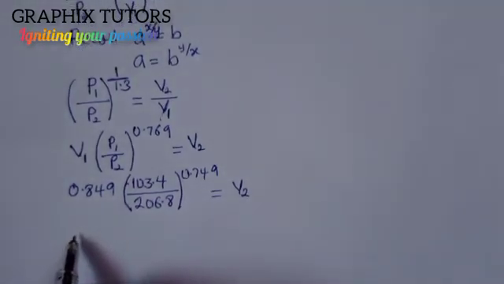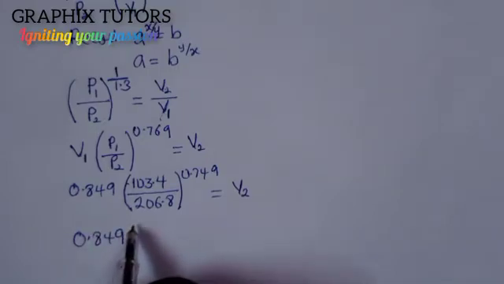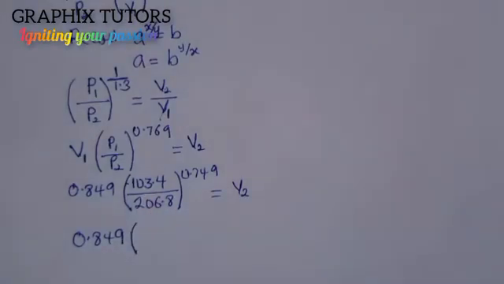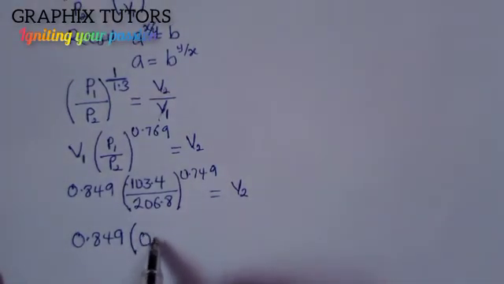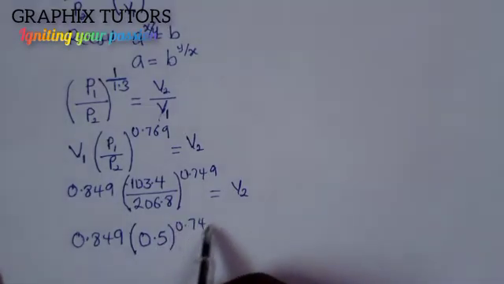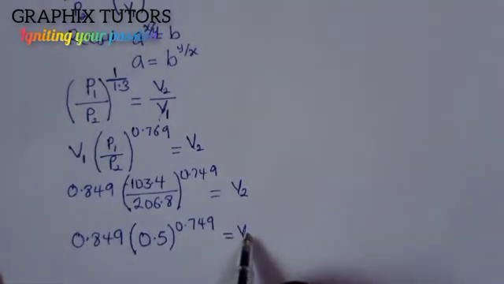This is like saying 0.849 multiplied by 103.4 divided by 206.8, which gives 0.5. So this is 0.5 to the power of 0.769. This is giving us our V2.